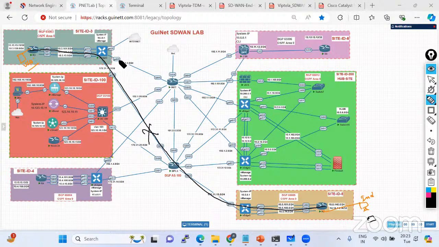So the path that is responsible to deliver the packet across different geolocations, or some certain distance, might be more than 100 meters, or 500 meters or kilometers. Those kinds of connectivity, those kinds of roadways, or those cables that are connecting those two locations, that is known as the WAN.